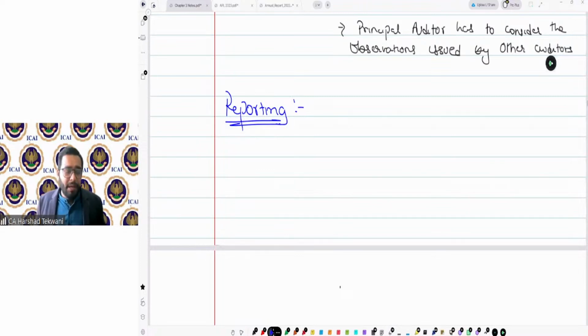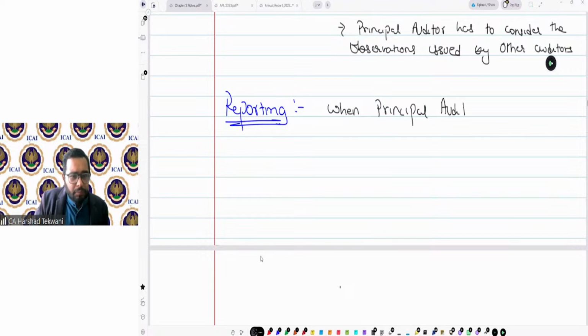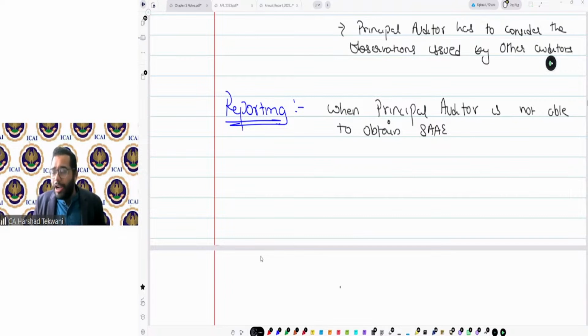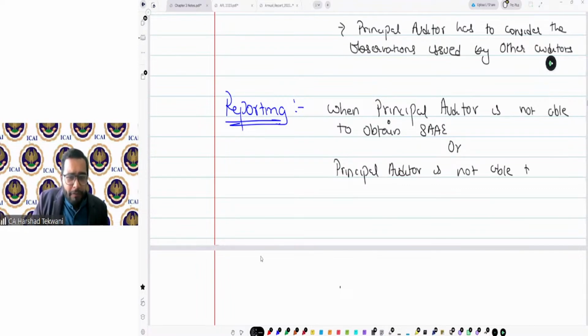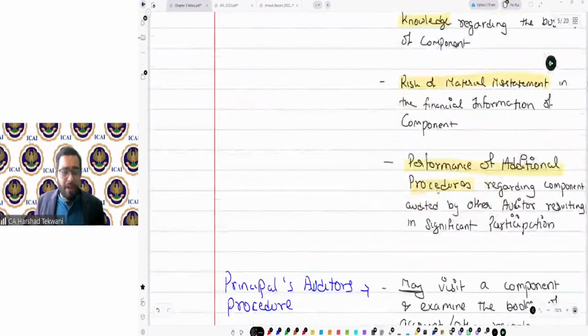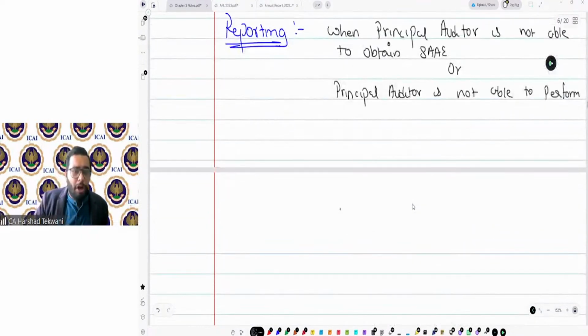Number one is when the principal auditor is not able to obtain sufficient and appropriate audit evidence, or is not able to perform sufficient additional procedures.